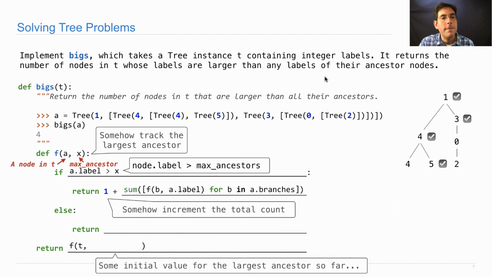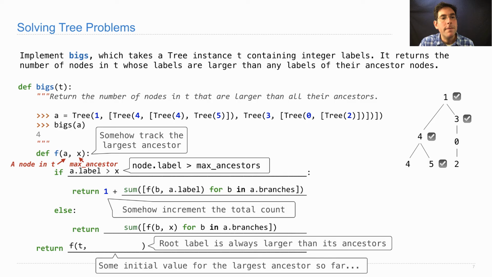And so again, we follow this pattern of summing over recursive calls. But this time we have to think about what's the maximum ancestor value. a.label is not greater than x, and x was the max ancestor before, so x is still the max ancestor now.